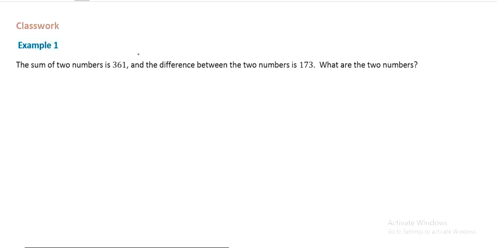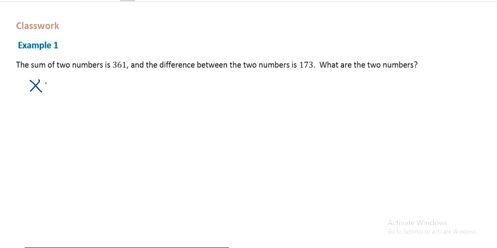There are a whole bunch of numbers that can add up to 361, and there are a whole bunch of numbers that can subtract to get 173, but there is a specific pair of numbers that can do both. So let's define our variables.